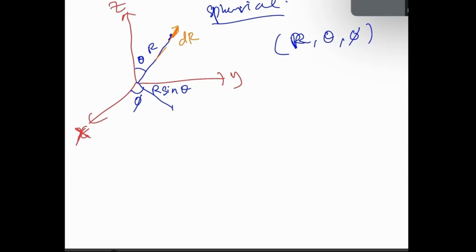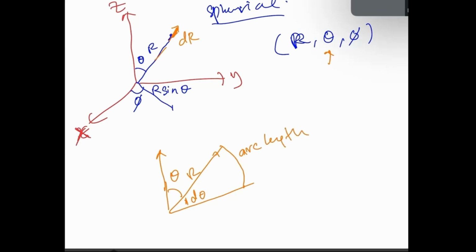Changes of theta, z coordinate. This is r. This is theta. So let's say the changes of theta, here is d theta. This is r, arc length. This length.